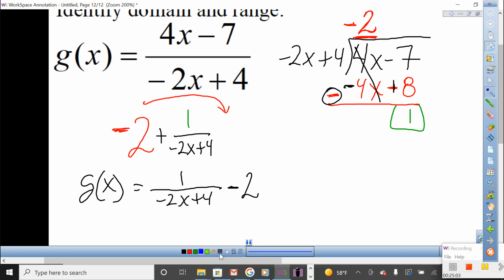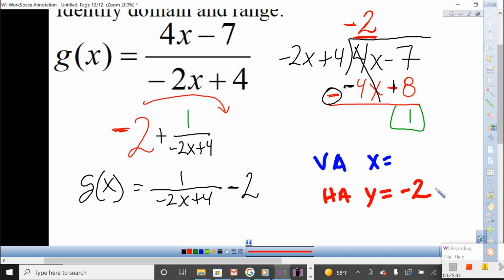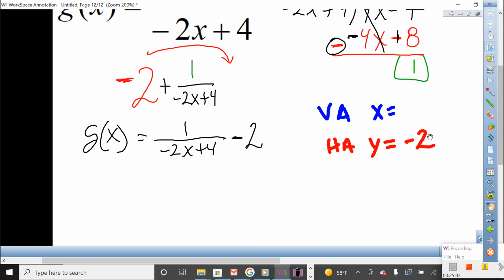Next, identify our VA and HA. Let me give you the easy one. We know that the horizontal asymptote is negative 2. Now, how do we find our VA? Look at it. Do you notice that we have a coefficient next to x?